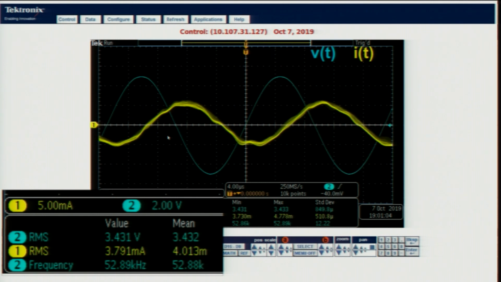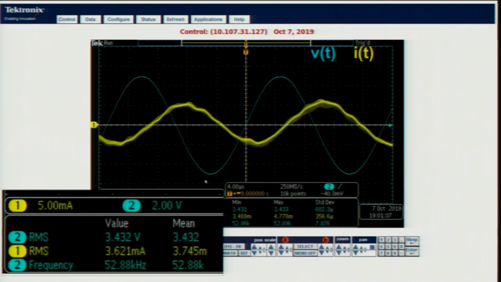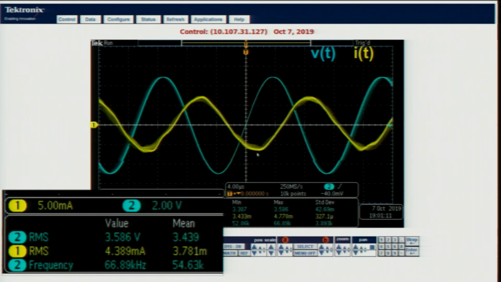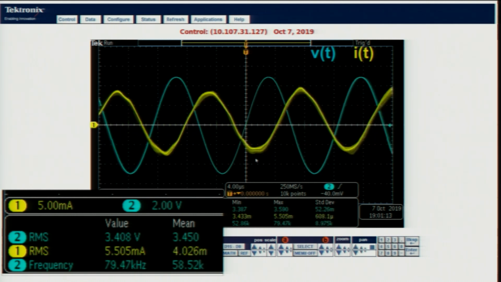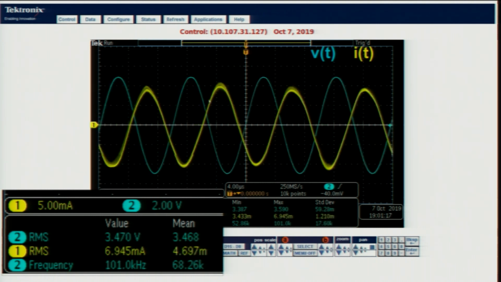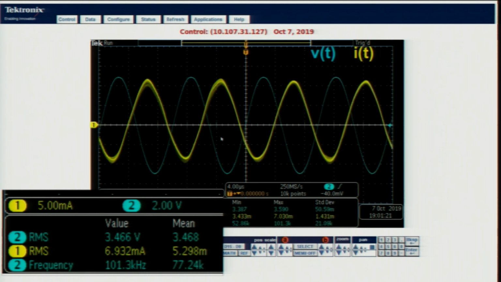But once it settles down, we find something unusual happening. As the frequency is increased, the phase shift between the current and the voltage becomes almost 180 degrees, which seems very unlikely to be true. When we go to a frequency of 101 kilohertz and above, there is a 180 degree phase shift between the voltage and the current.